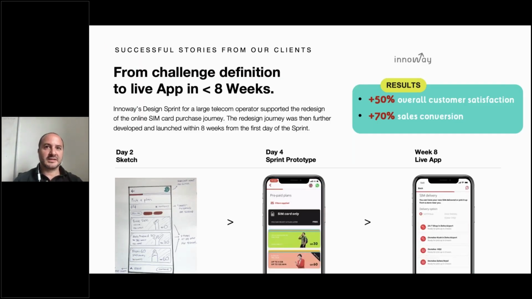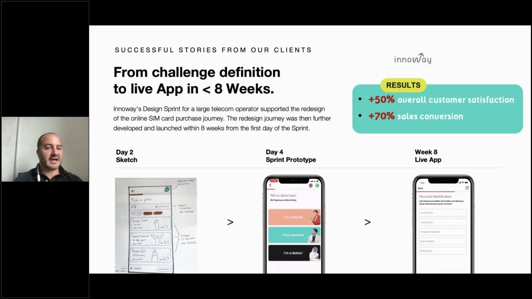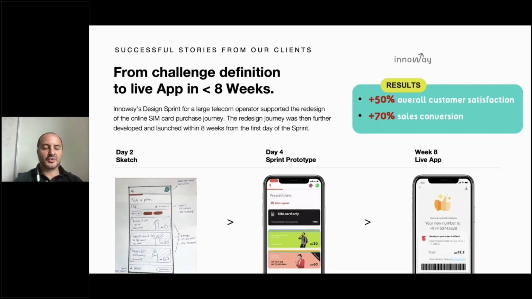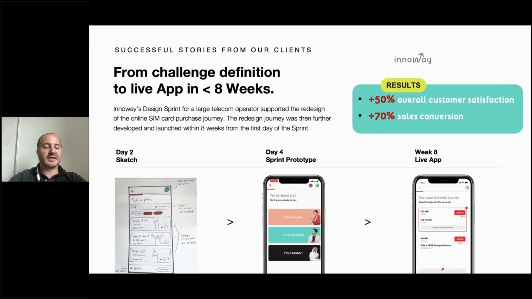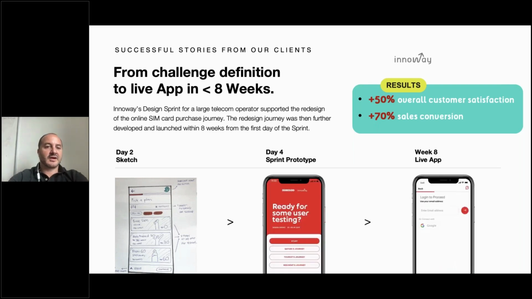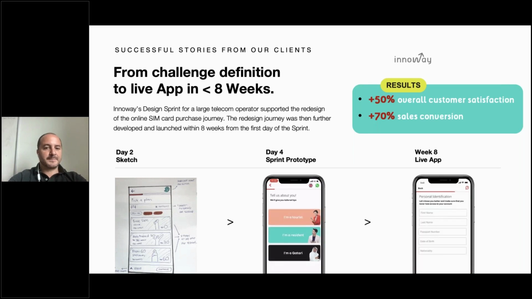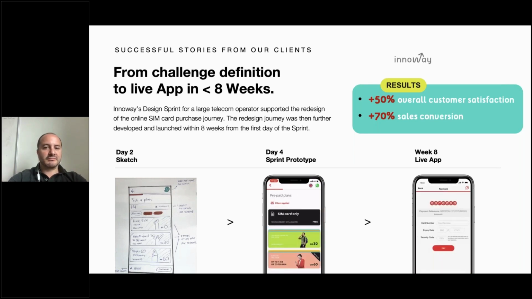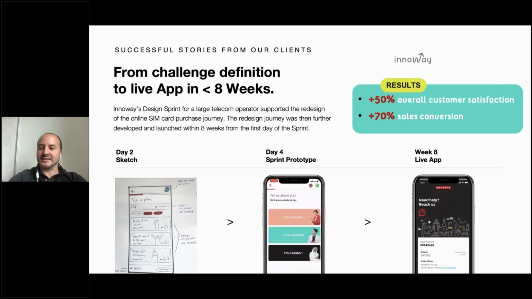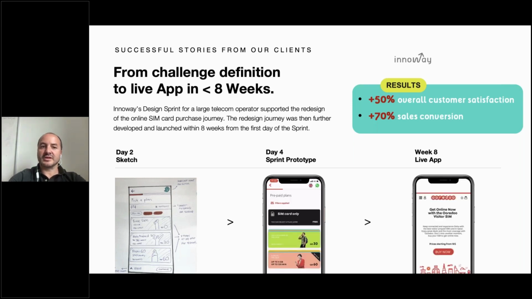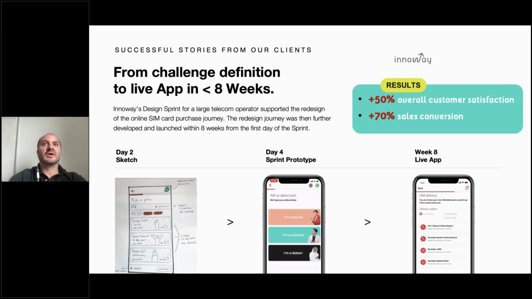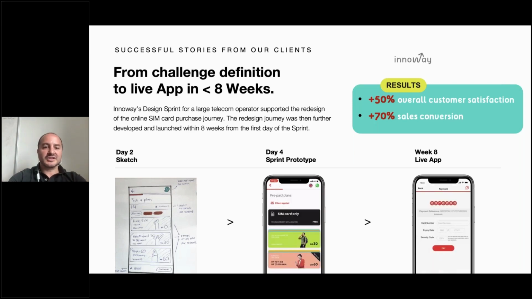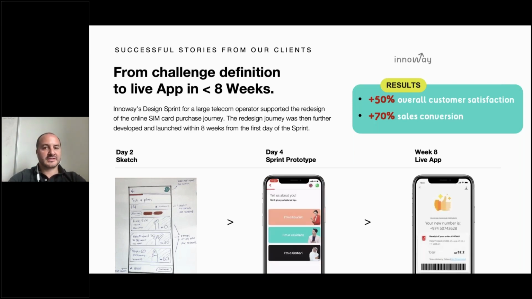a telco in the Middle East. They had a challenge: they wanted to improve the selling of online SIM cards on the current platform. When we started, the platform was not working really well, and they wanted to understand why, and they wanted to implement and launch it in less than 8 weeks.